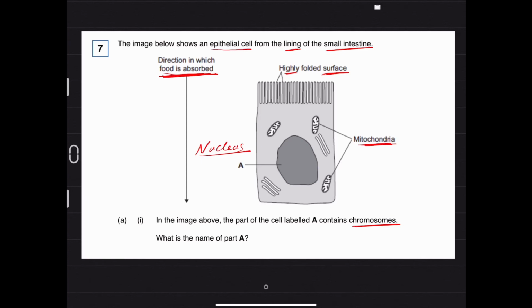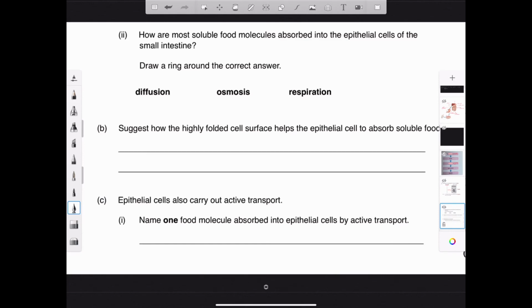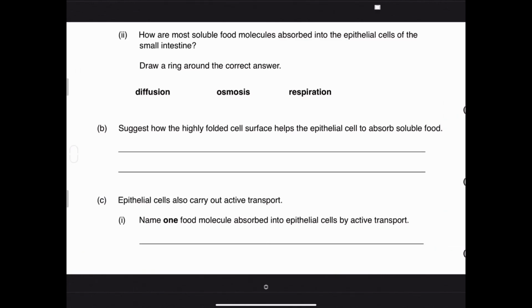All right, so let's move on to the next question. So from that diagram, we need to answer these questions here. It says here, how are most soluble food molecules absorbed into the epithelial cells of the small intestine?